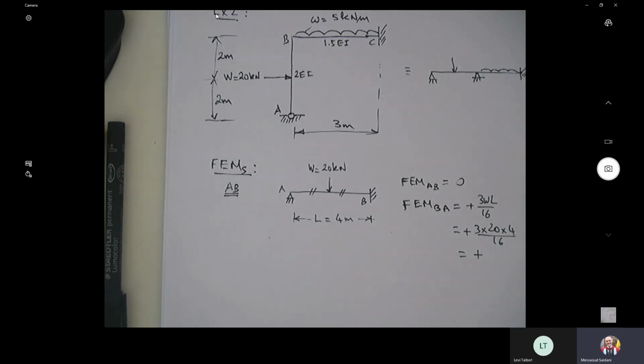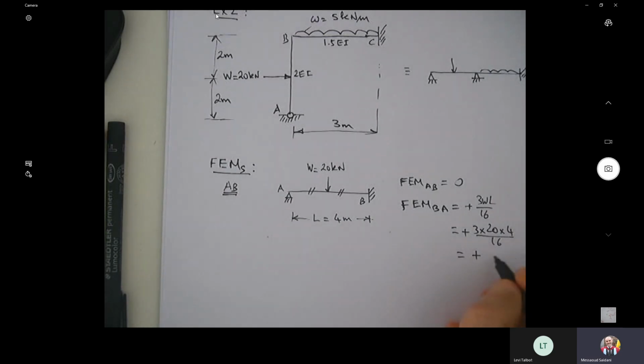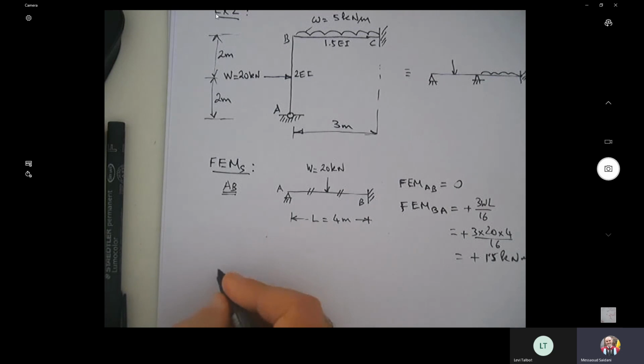Because basically you flip it horizontally. So what's the answer, please? 15. Thank you very much. So we have 15 kilonewton meters. And then we do the same for BC.